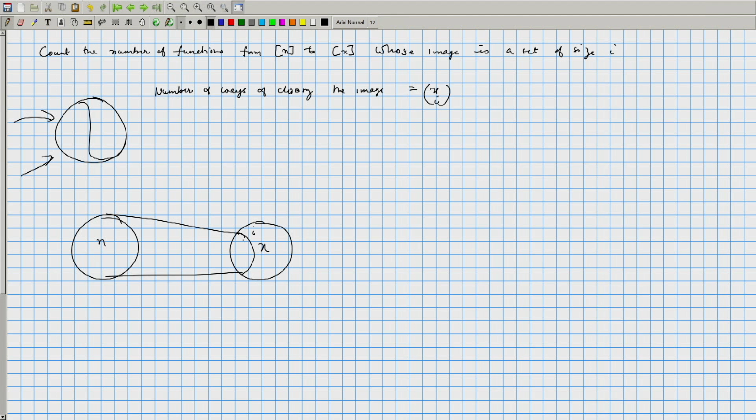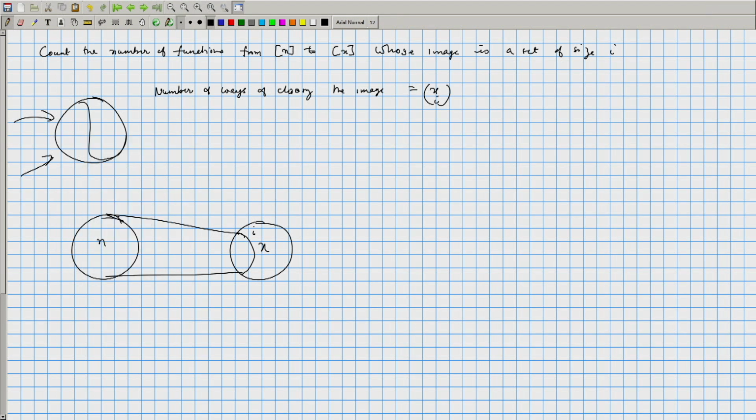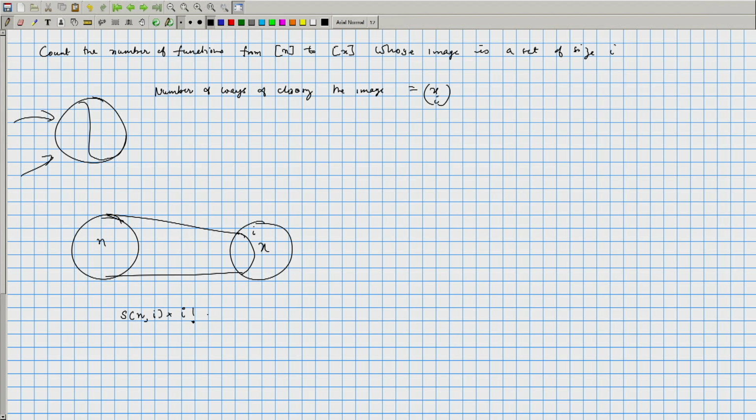And then we need to find a surjective function from this set n to the subset that we have chosen. So, the total number of ways of doing that would be S(n,i) into i factorial, because that is the total number of surjective functions, and the image could have been chosen in x choose i ways. So, this is equal to S(n,i) multiplied by the falling factorial x^(i).